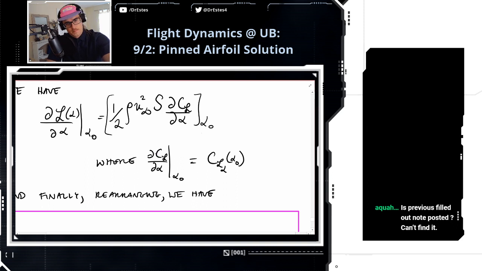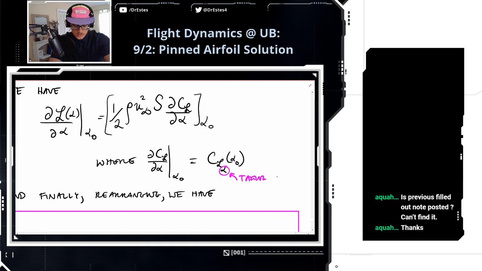So the partial of something with respect to alpha, we abbreviate that with the coefficient of lift, and then you just add a sub alpha, and that indicates taking partial with respect to alpha.